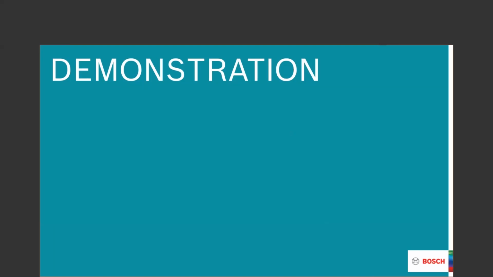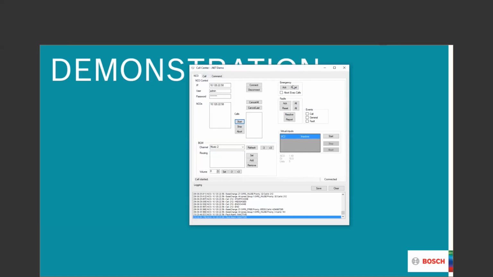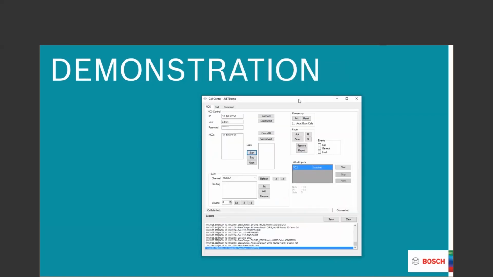So when I now go to the call center, this is a demo application which I'm now showing you. You can also see it still mentioning NCO. It is a PRAESENSA system controller, but it's just for internal use, so we cannot share this.